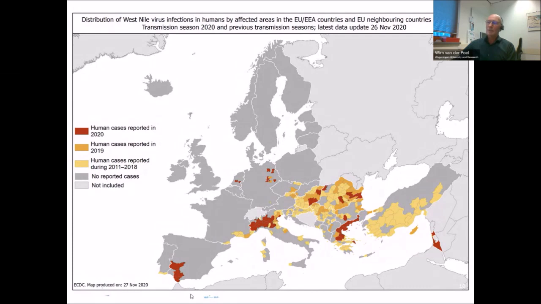And in 2020, we have seen the first emergence of West Nile virus in the Netherlands. West Nile virus is moving northward due to incursion of new vector species in regions where we did not have these vectors before.